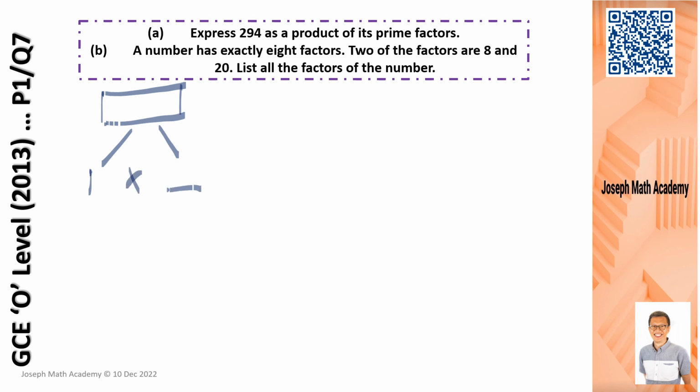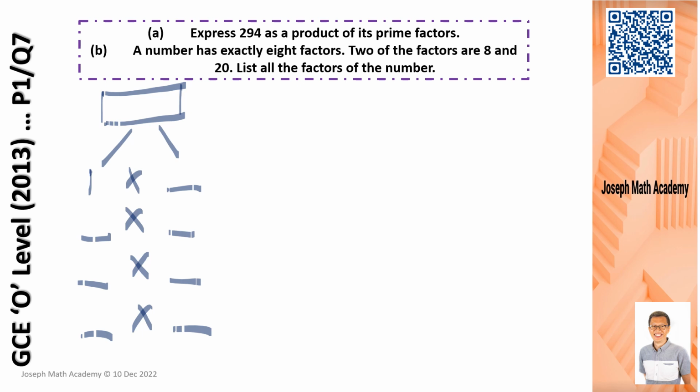There should be 8 factors. That means there should be altogether 4 pairs. Now 1 times something, something times what, and so on. Then that means there must be 4 pairs to give us 8 factors. And there are no repeats.